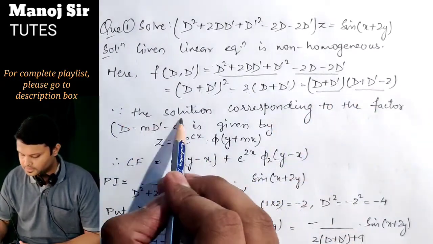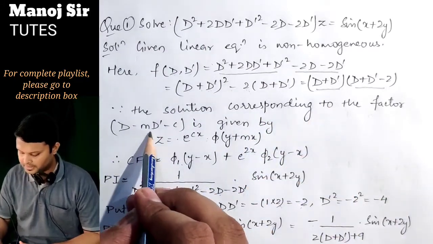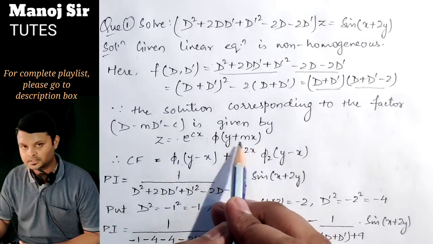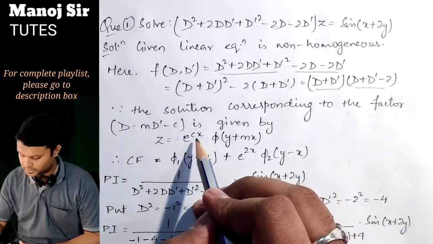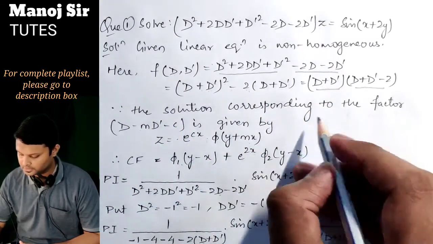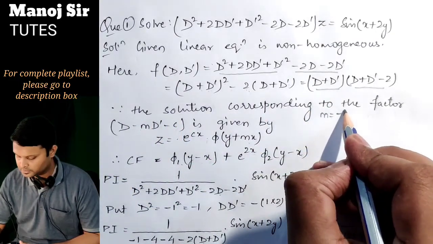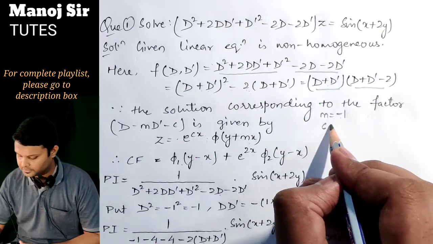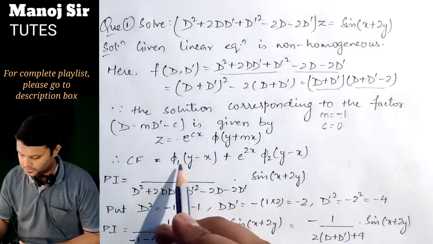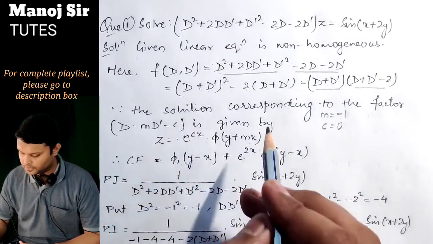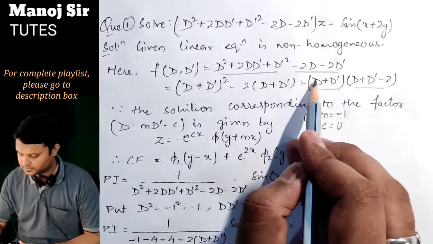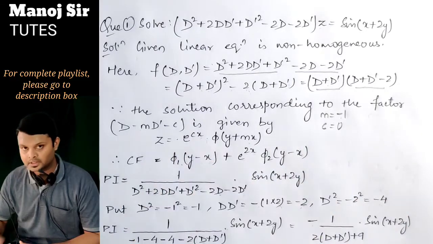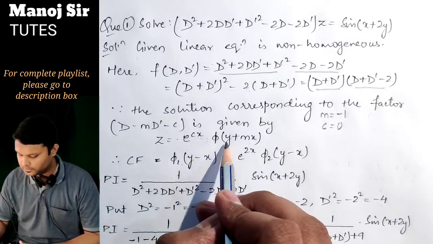Since the solution corresponding to the factor D minus mD dash minus c is given by z equals e to power cx into phi of y plus mx, if you compare this factor with this, you will get m equals minus 1 and c equals 0. So the solution corresponding to the first factor is e to power 0x, that is 1, into phi of y plus mx.